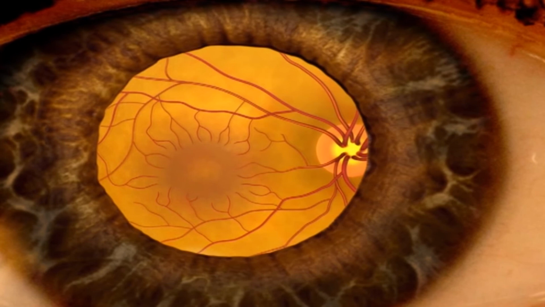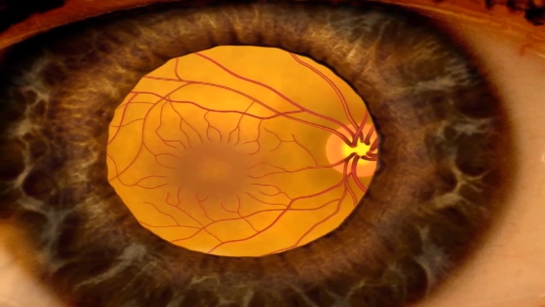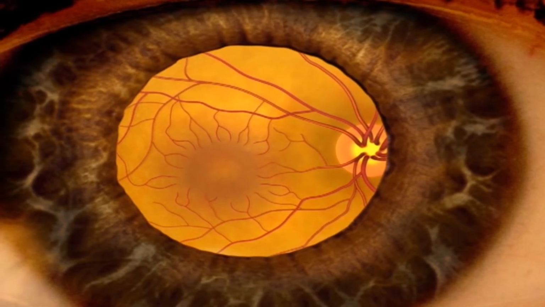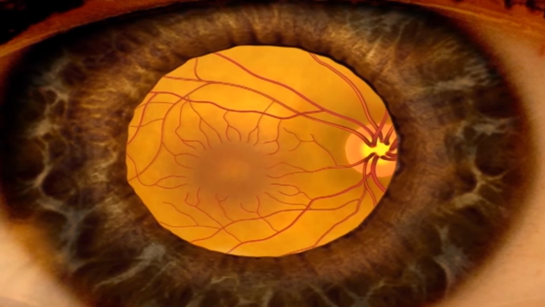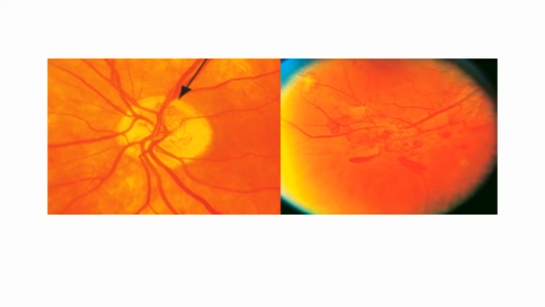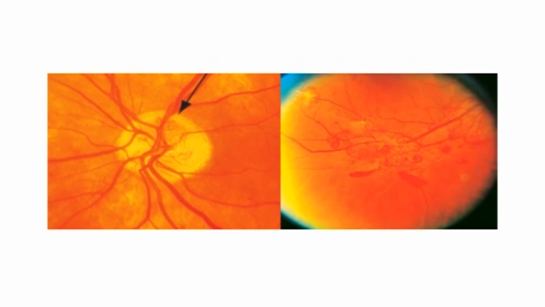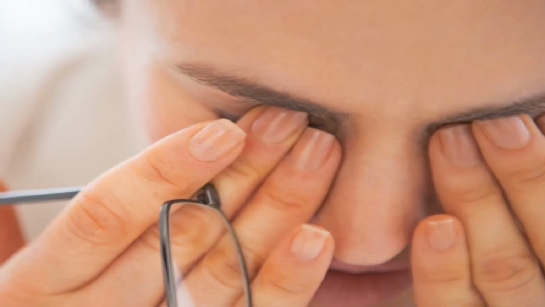Despite these intimidating statistics, research indicates that at least 90% of these new cases could be reduced if there was proper and vigilant treatment and monitoring of the eyes. The longer a person has diabetes, the higher his or her chances of developing diabetic retinopathy. Early disease may not cause symptoms.